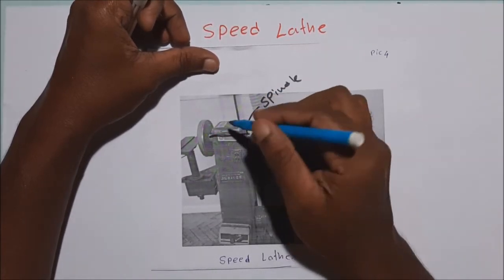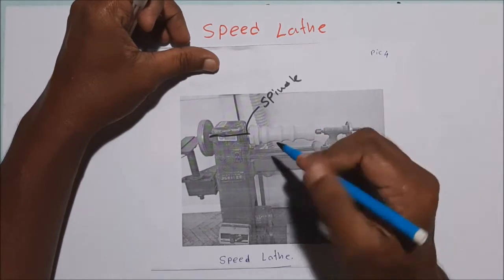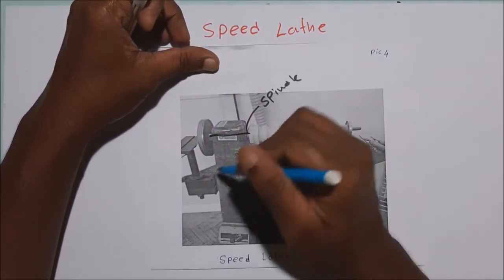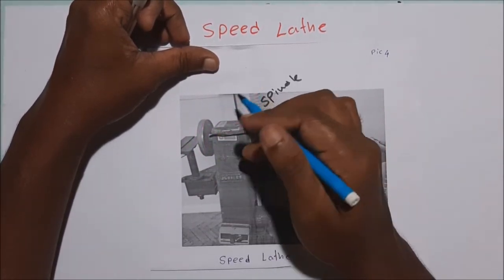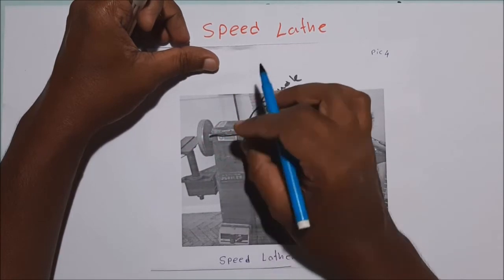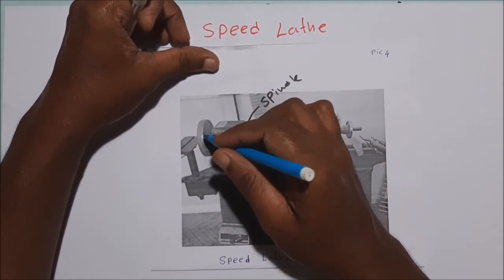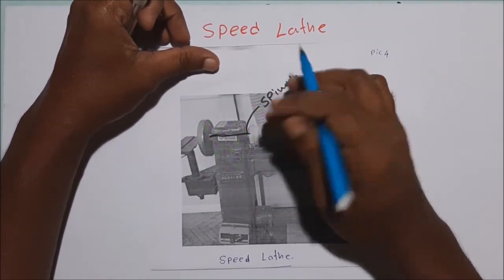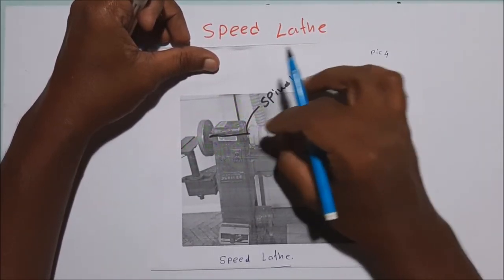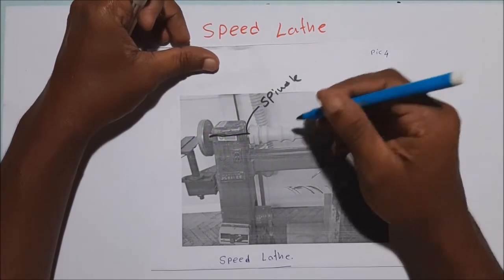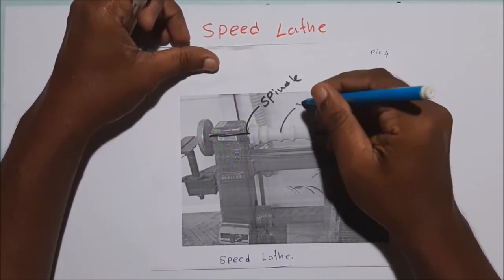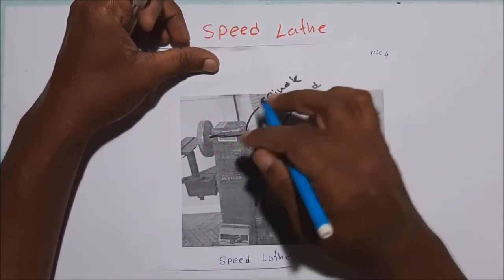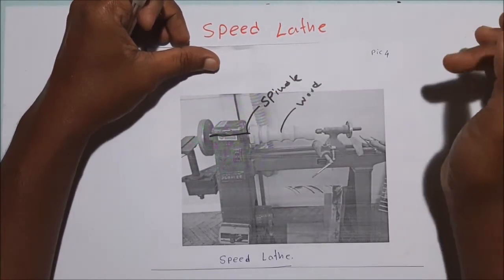These machines are powered by an induction motor, which converts electric power to mechanical power. It is then transmitted through the belt drive system to the spindle pulley. The spindle is directly coupled to the work holding device. This is the workpiece. You can see the wood workpiece is mounted in between the two centers.